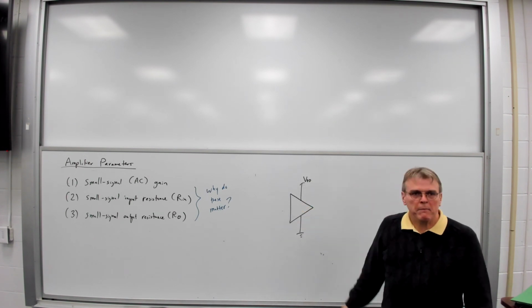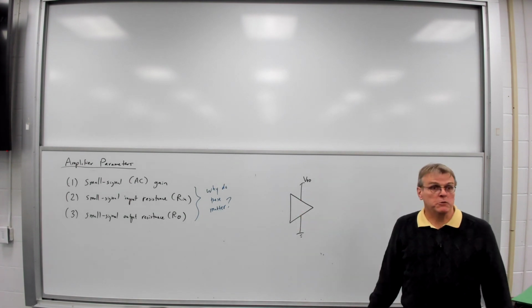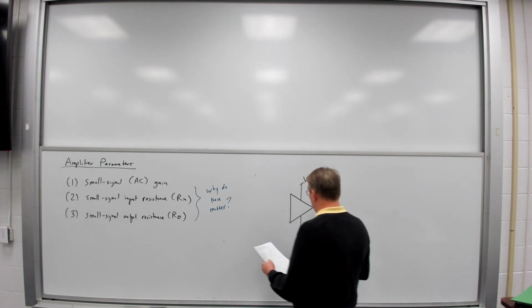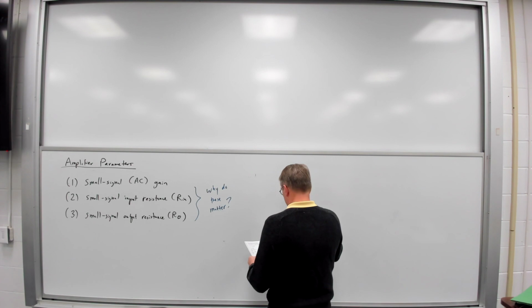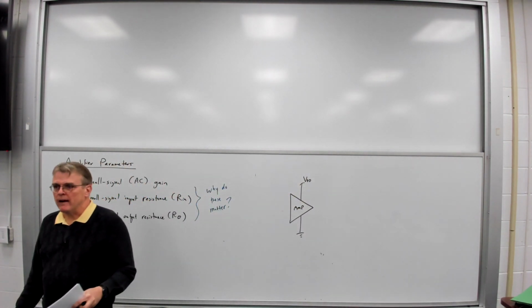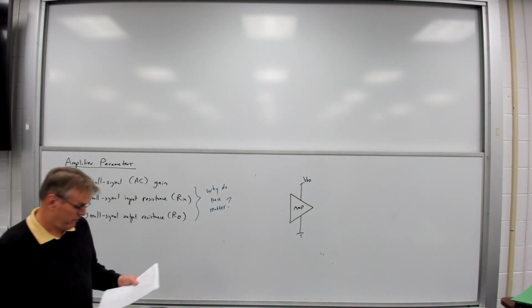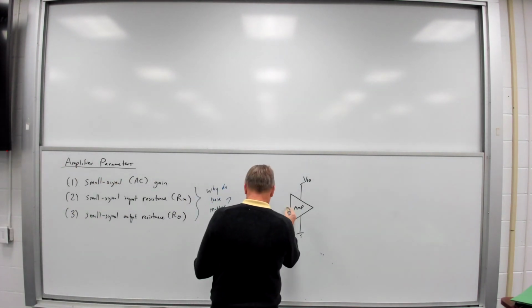And there is some amplifier circuit in here. It can be any one of the topologies we talked about or some multi-transistor topology. Doesn't matter. But here's our amplifier. And when I connect this amplifier, I'm going to connect it to a source and to a load.